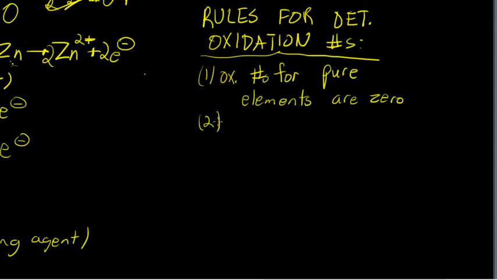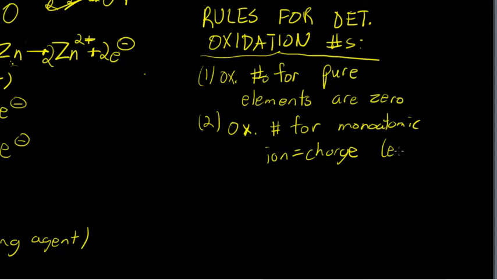Number 2, the oxidation number for a monatomic ion, so say like the calcium 2+ ion, is equal to its charge. And the example is calcium 2+, it has an oxidation number of 2.